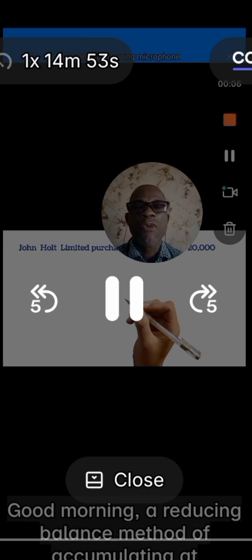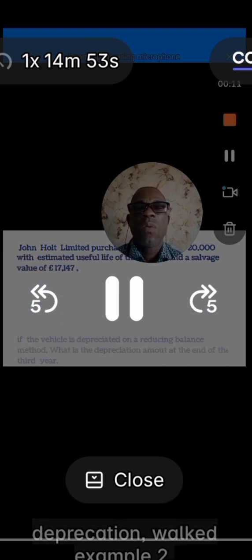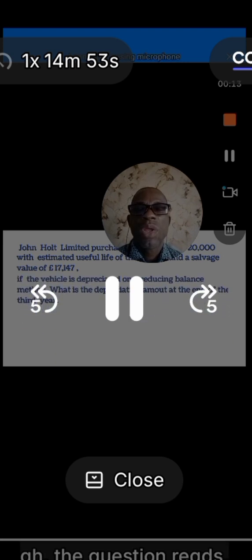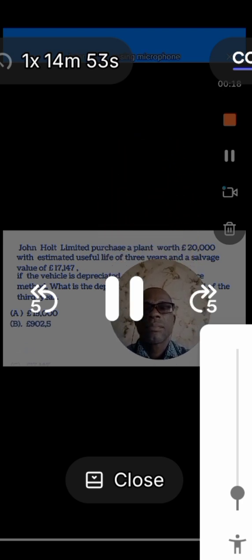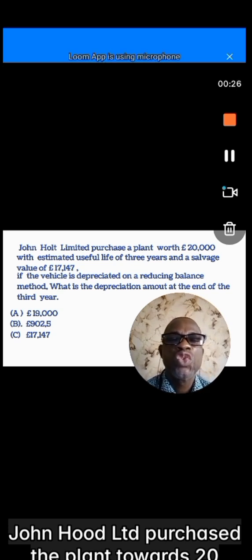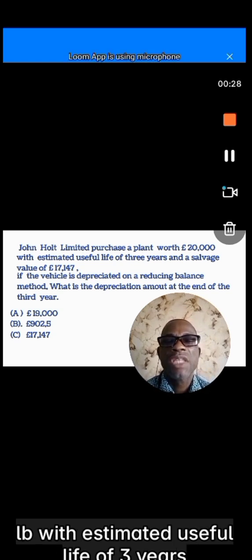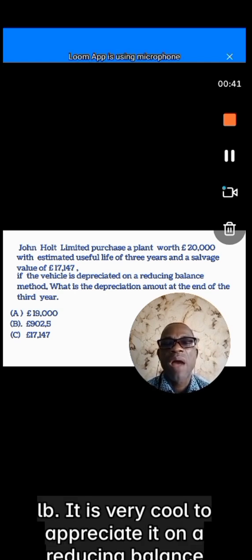Morning. Reducing balance method of calculating depreciation. Worked example 2. The question reads, John Holt Ltd purchased a plant worth £20,000 with estimated useful life of 3 years and a salvage value of £17,147.